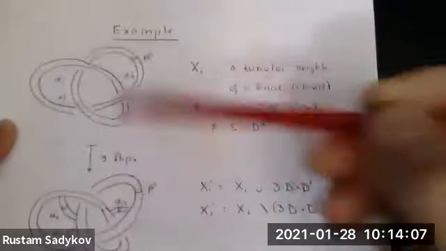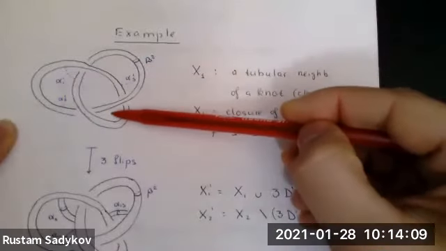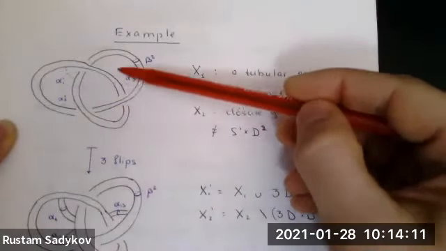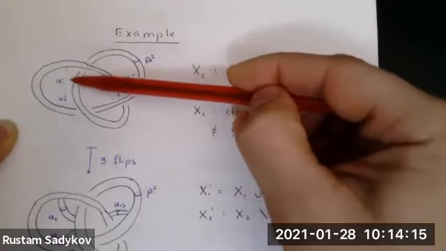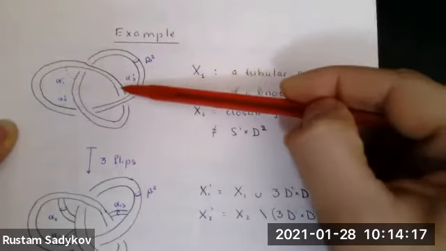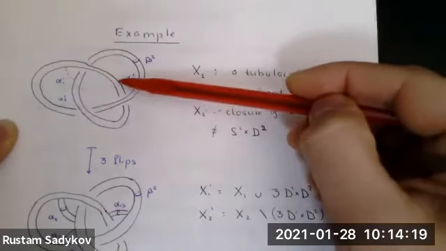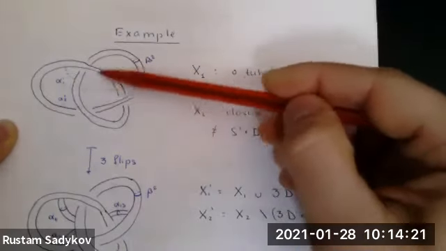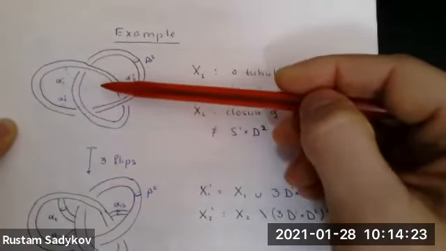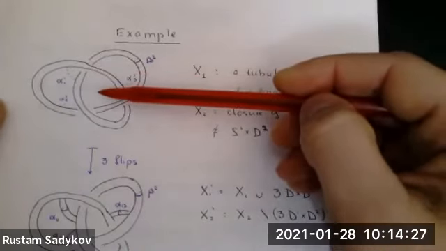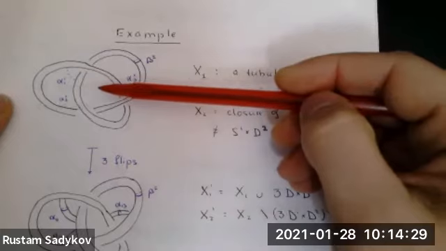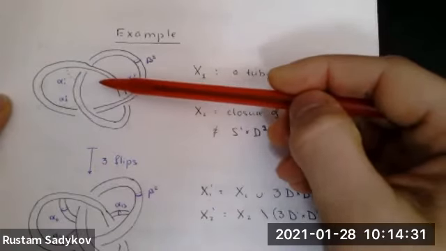So first of all, if you look at the complement, you may realize that the complement has a nice handle decomposition with one-handles alpha 1, alpha 2, alpha 3. So these are one-handles. It's a little bit harder here to see, but there are also 2-handles, and there is a 3-dimensional ball. So this is the decomposition of the complement.